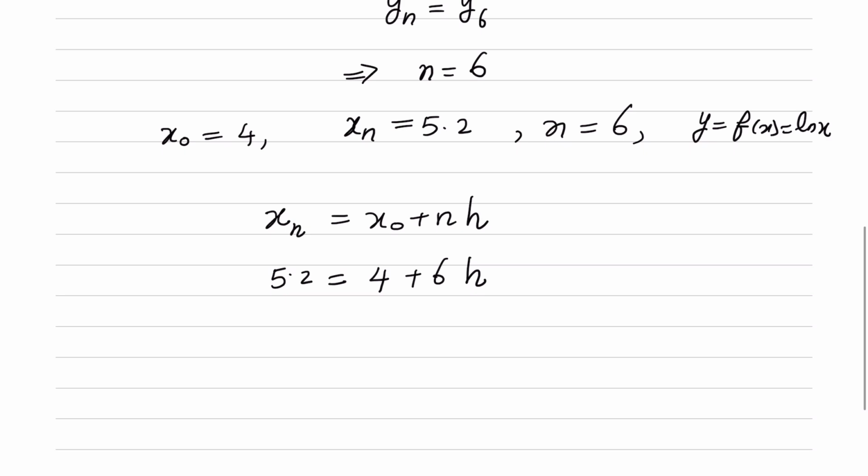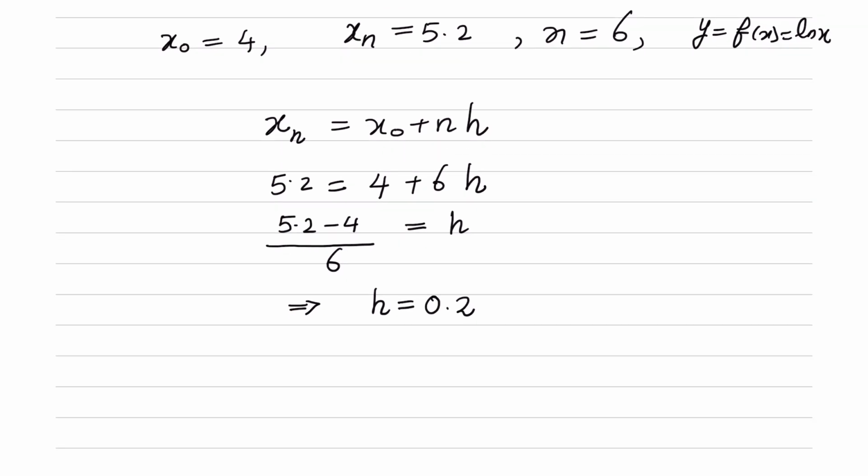So from here we can extract the value of h. 5.2 minus 4 divided by 6. So this gives us h equal to 0.2. Now that we have the value of h and we know the starting x is 4 and the ending x is 5.2, we can compute the x values.